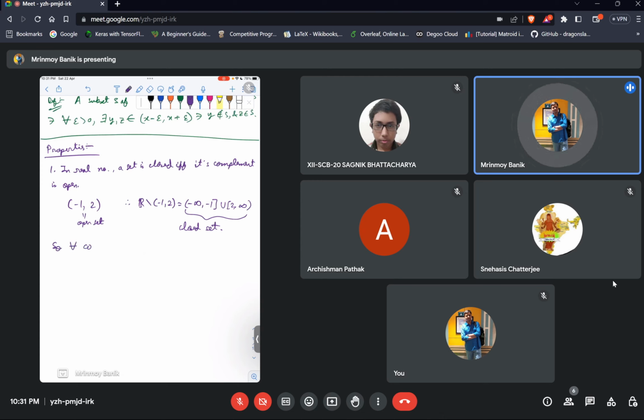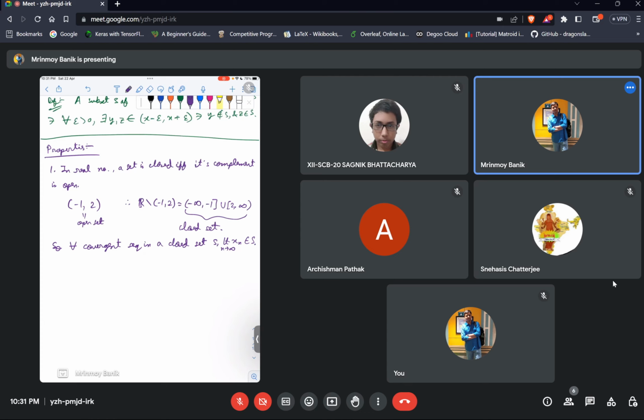So for all convergent sequences in a closed set, the limit of xn is inside S. So the limit of a convergent sequence is inside a closed set, but this is not the case for open sets. This is one of the identifying properties of closed and open sets.